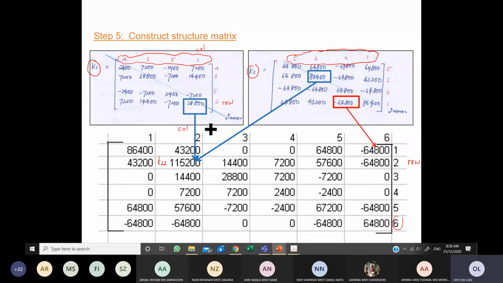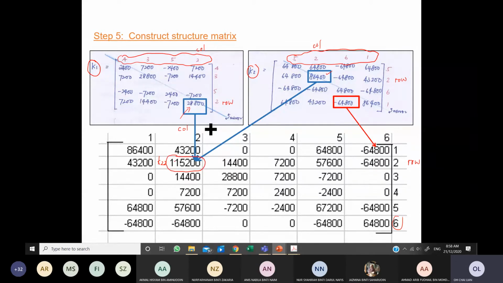Yes, I highlight it in the blue box. Then I go to K2 and search for column number 2 and row number 2. I highlight it here. Of course, you don't need to highlight in your calculation, but I'm highlighting here so that you can see it more clearly. You just sum these two pieces of information, and you will get K22.